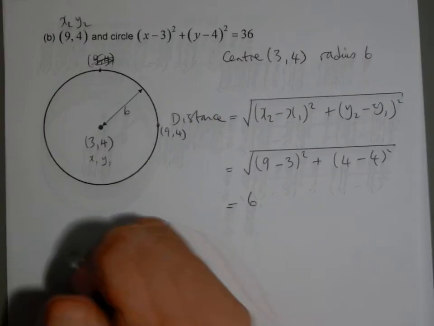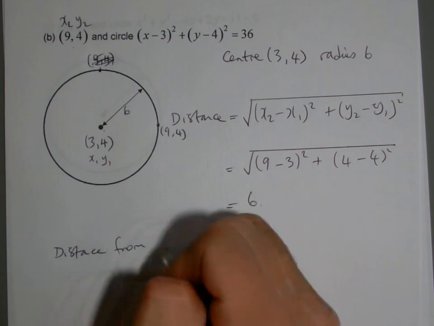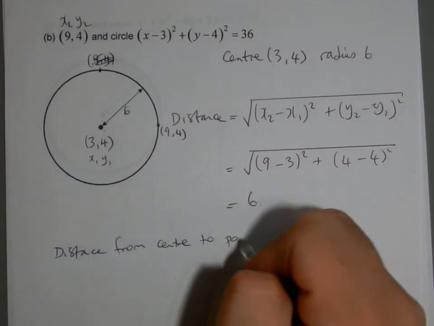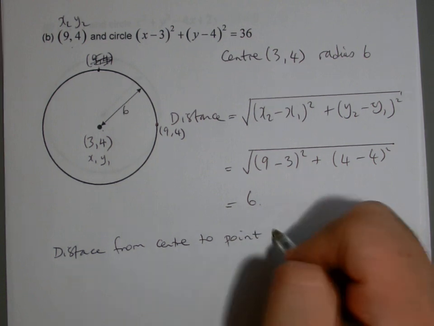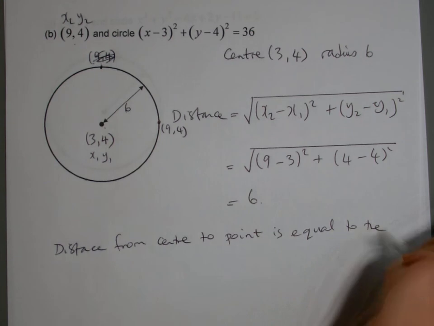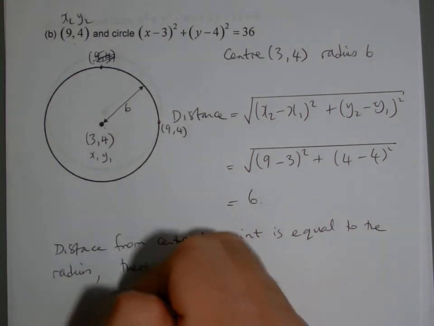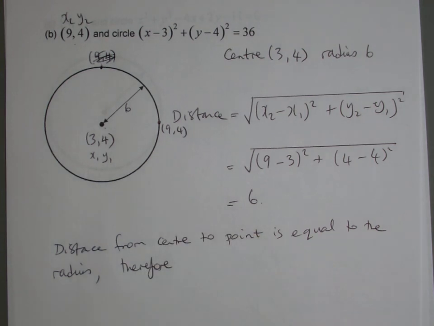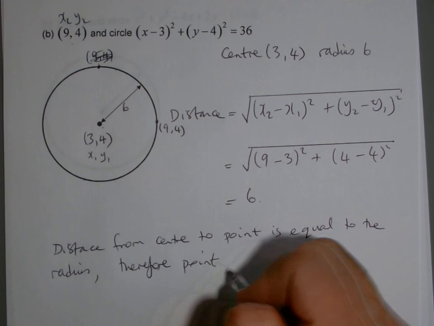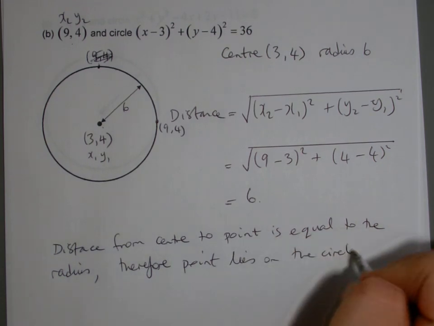So we say the distance from the center to the point is equal to the radius. Therefore, the point lies on the circle.